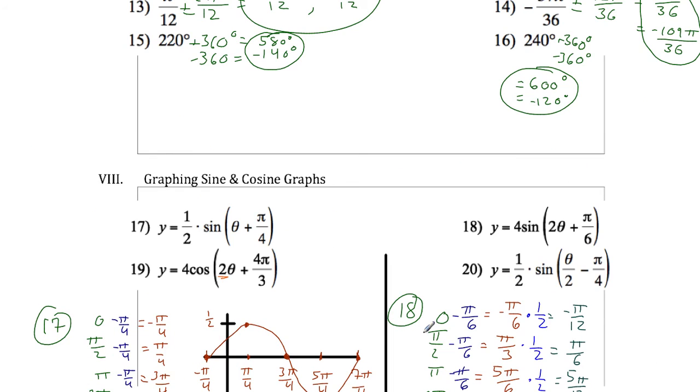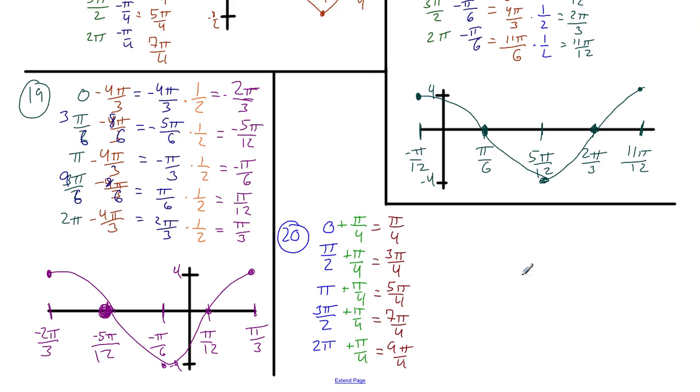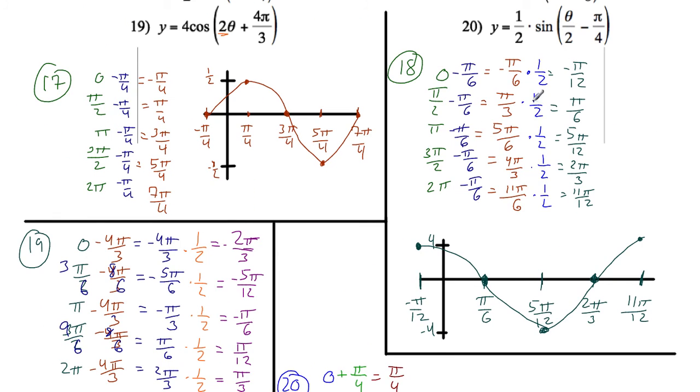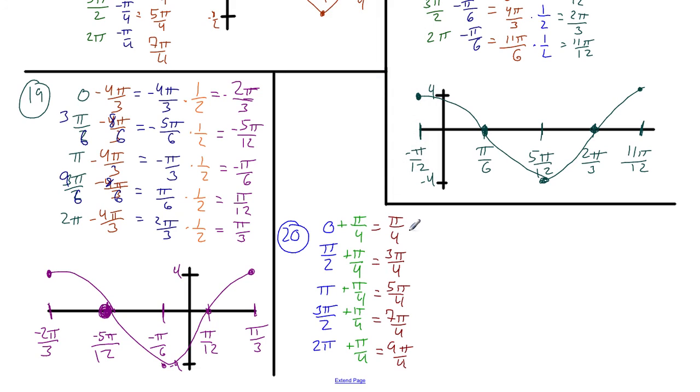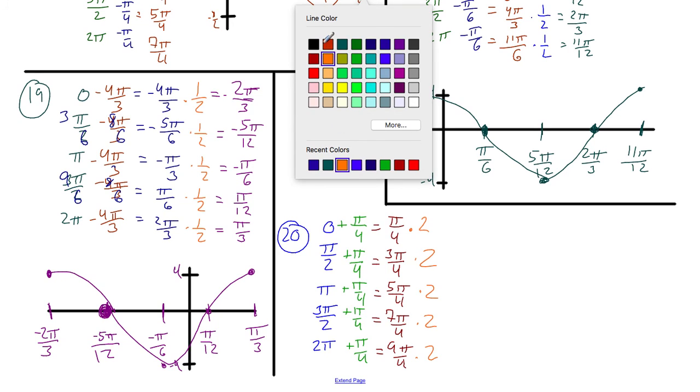Now what I need to do is the opposite here. I'm dividing theta by 2, so I'm going to do the reciprocal operation, which means that I'm going to multiply by 2. So multiply all these by 2. That's going to clean up these denominators a little more nicely.